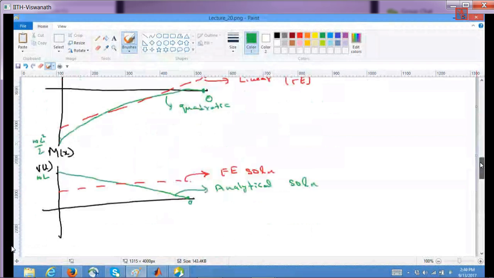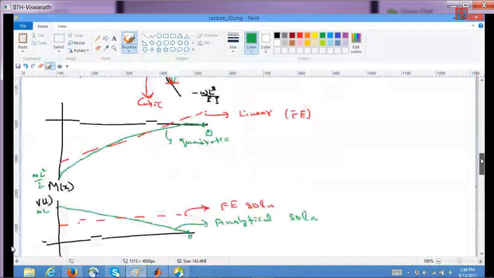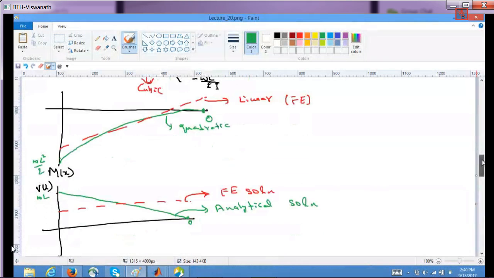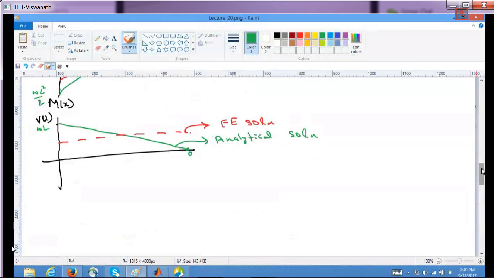Even though the FE solution is not that good compared to the analytical solution, how can I improve such a solution? If I have more than one element, then the same V of x, which has an analytical solution of this one, I'll draw it here itself.